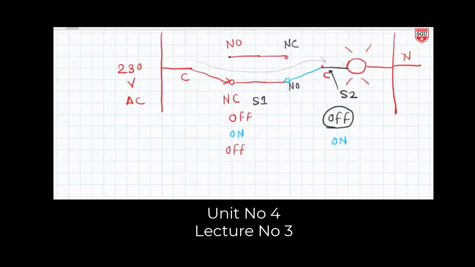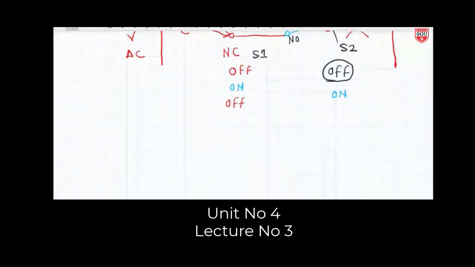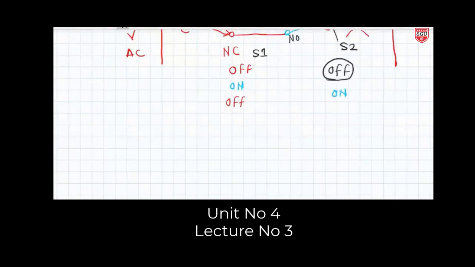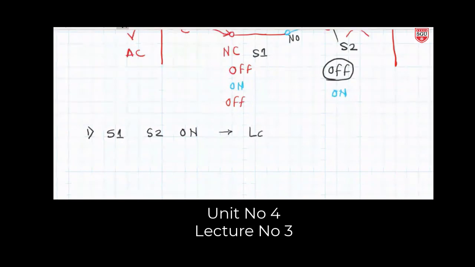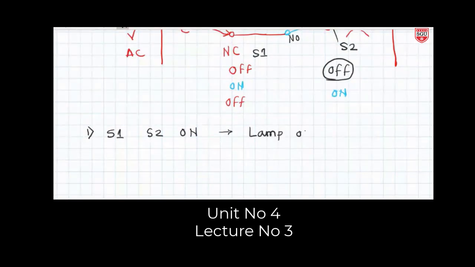Now I will give you one example for homework of this same SPDT. The first condition: S1 and S2 are on, both are on, then lamp is on. Second condition: S1 and S2 both are off, then also lamp is on.